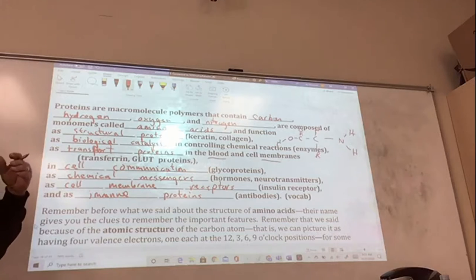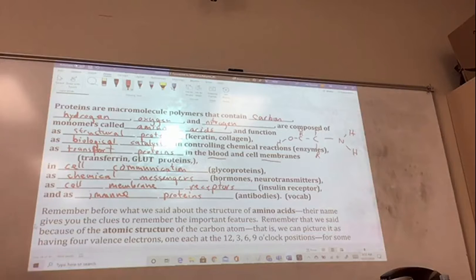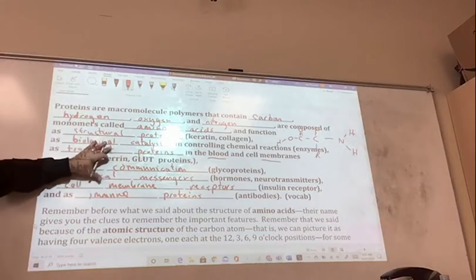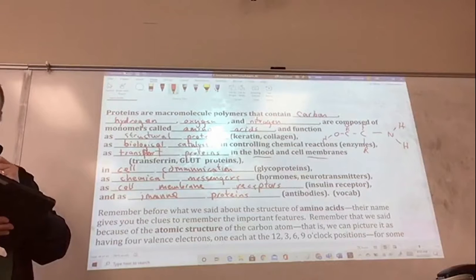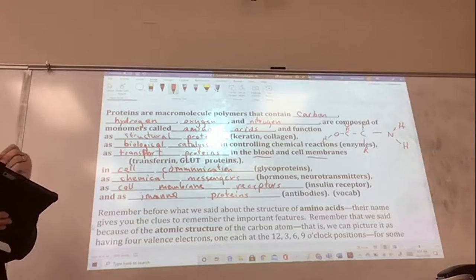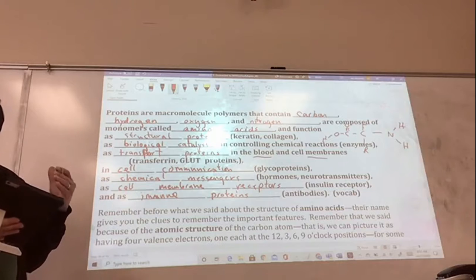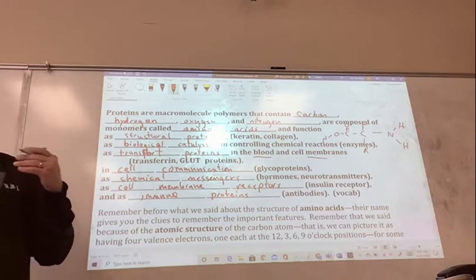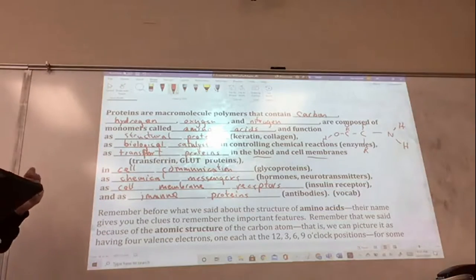But we also know that lipids can participate in the cell membranes and some types of chemical messengers. But we've got all of these functions here that are going to be explained by the structure of the proteins, whereas most of the other molecules that we've talked about are basically just carbon and hydrogen with a little bit of oxygen thrown in, and they're basically linear types of molecules.